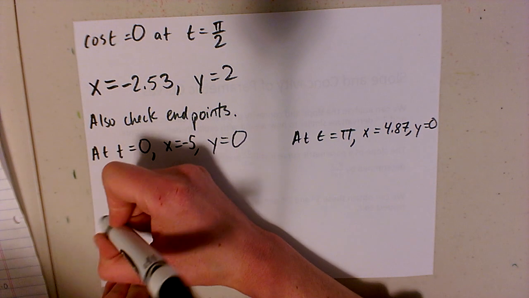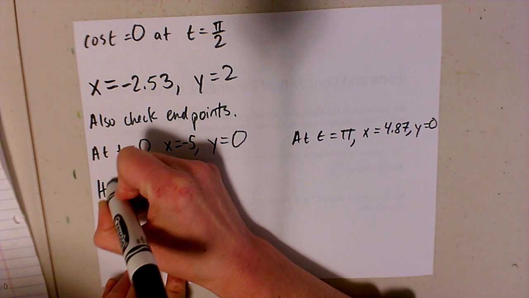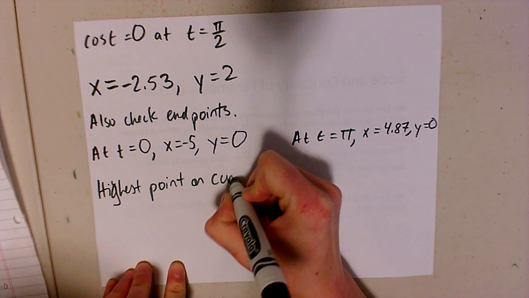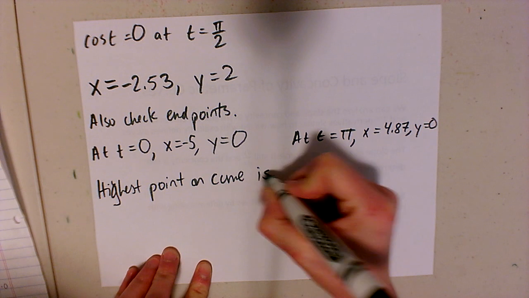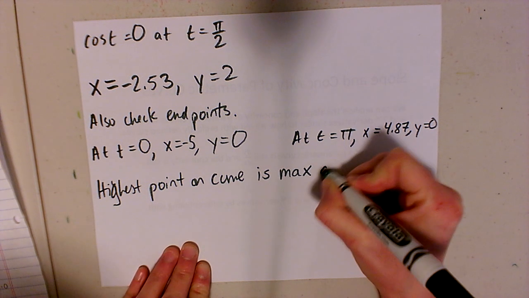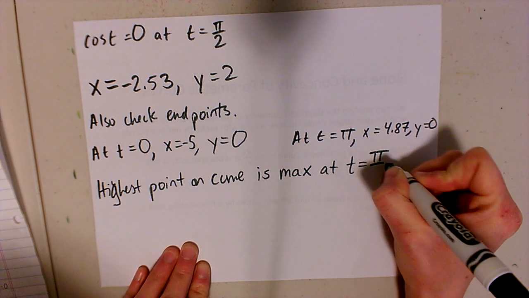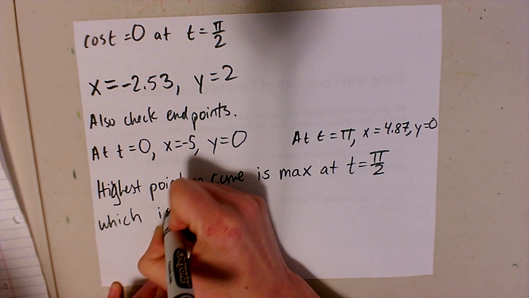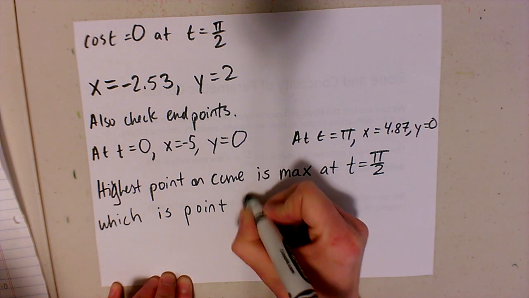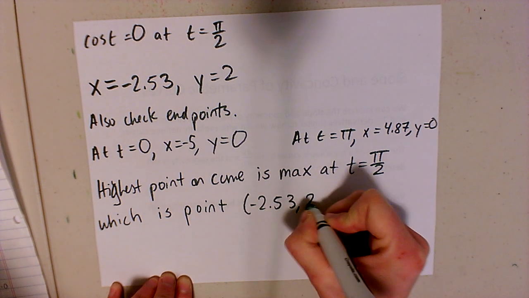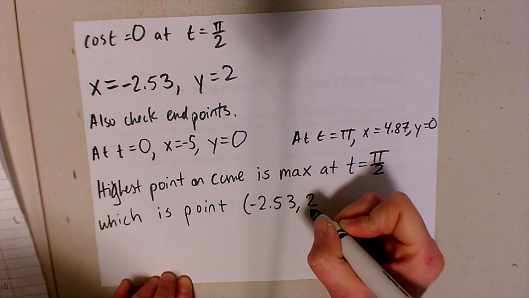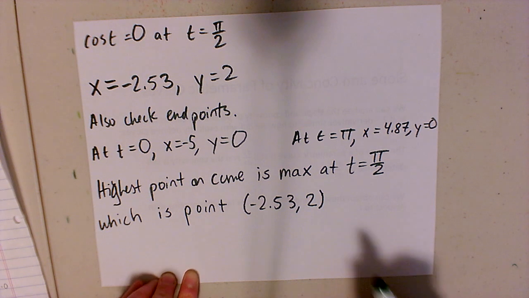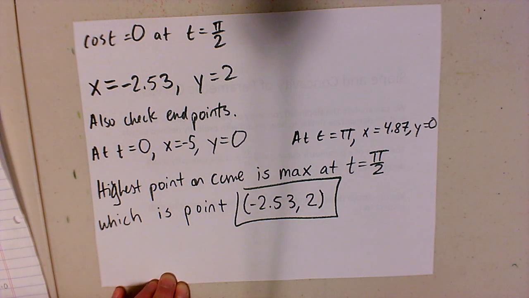So the highest point on the curve is the max at t equals pi over 2, which is the point negative 2.53 comma 2. So that would be your highest point on the graph.